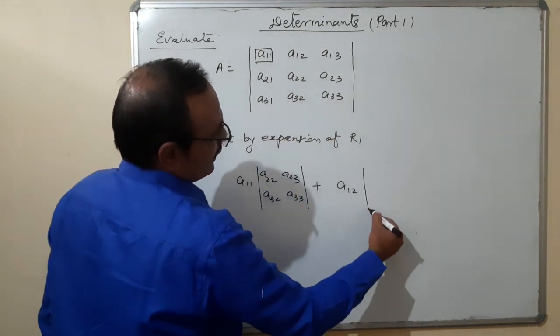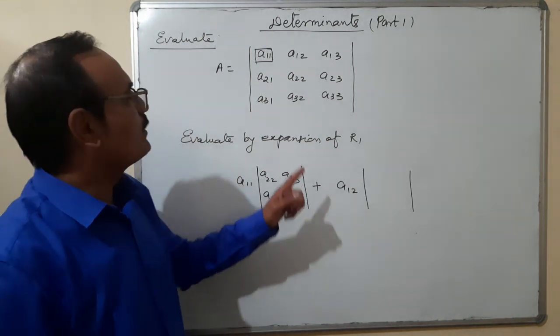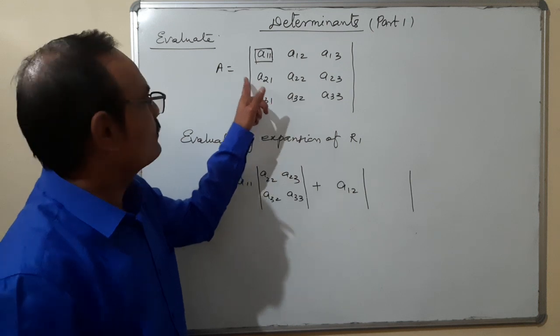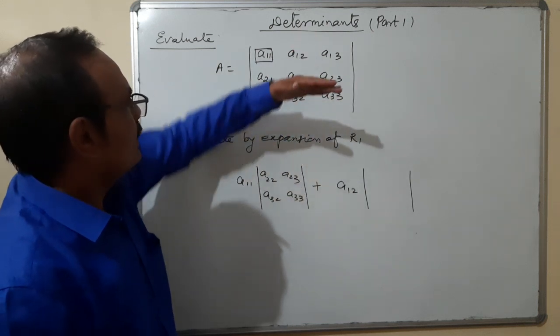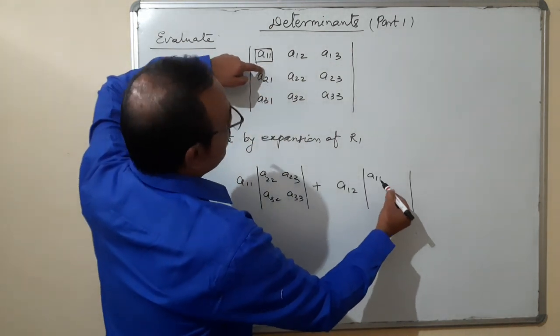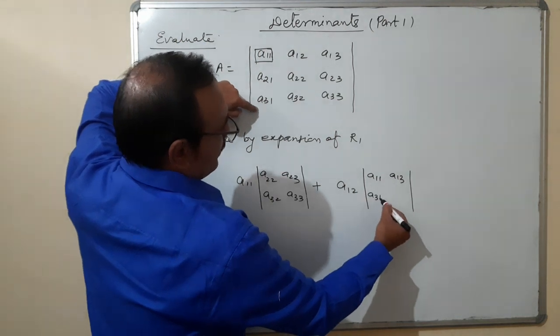A12: same procedure, leaving the row and column of A12. When I leave the row and column, the elements left are A21, A23, A31 and A33.